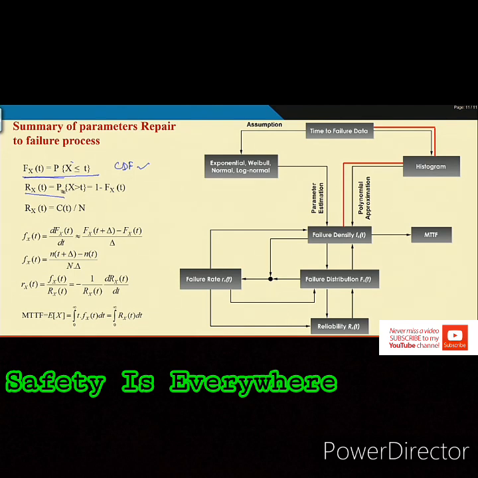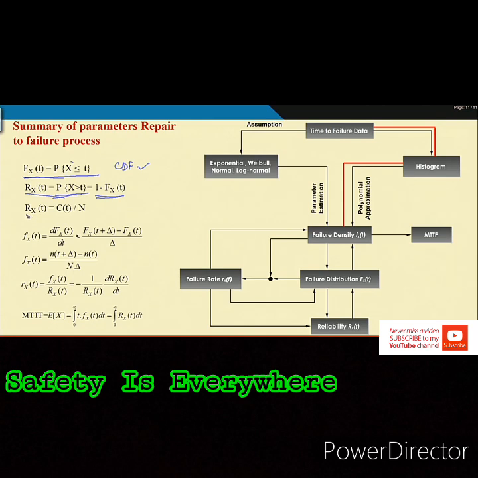That is the probability that the random variable x, which is the time to failure, exceeds the given time t, and this is nothing but 1 minus the cumulative distribution function, because ultimately our component or unit is a two state system, either it is surviving or it has failed. So, F(t) and R(t) sum to 1.